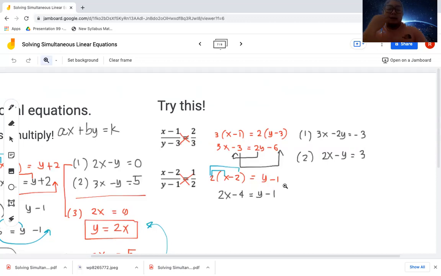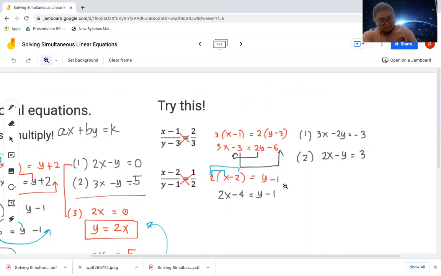Now, just like what we say under the rule of substitution, one of the equations must be in terms of x or in terms of y. In this case, the easiest one that I can see is to have this particular equation written in terms of y.